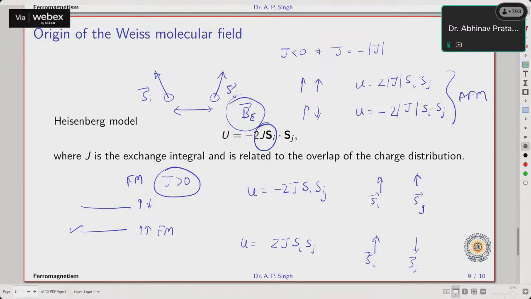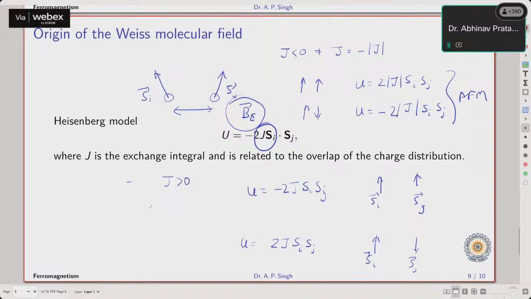Instead, it is better to call it an exchange field or molecular field. This exchange field or molecular field has electrostatic origin. It has nothing to do with magnetism, but it causes magnetism. In itself, it is not a magnetic field, but it causes magnetism. So that is how this comes about.